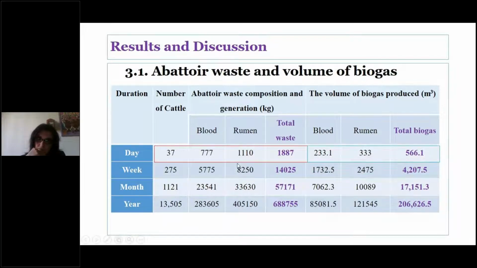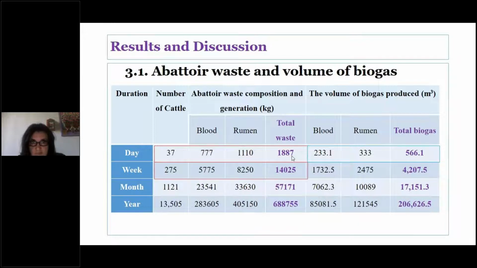From this, about 233.1 meter cube of biogas will be generated from the blood waste and 333 meter cube of biogas will be generated from the rumen waste. As a total, as you can see from the slide, from a total of 1,887 kilogram of waste, around 566.1 meter cube of biogas could be generated daily.